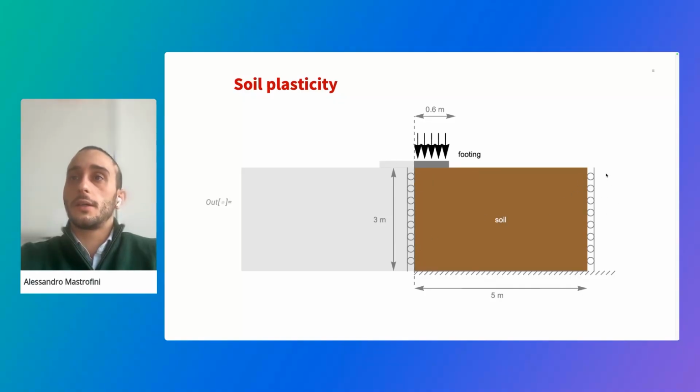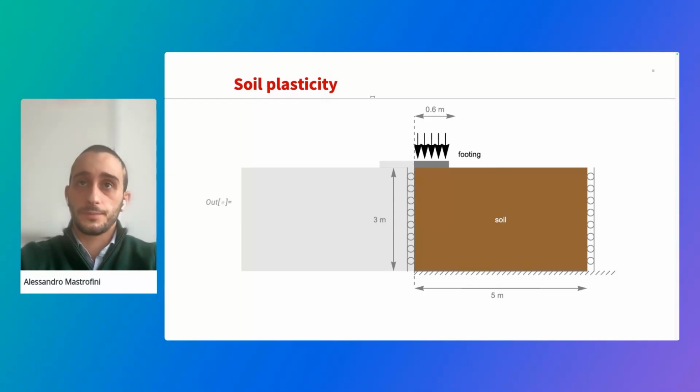On both sides, there is a symmetry condition, and a fixing condition at the bottom region due to contact with a generic hard soil. And then we have the footing here that we can express as some generic load. What we want to know is whether this soil is able to carry all the load.